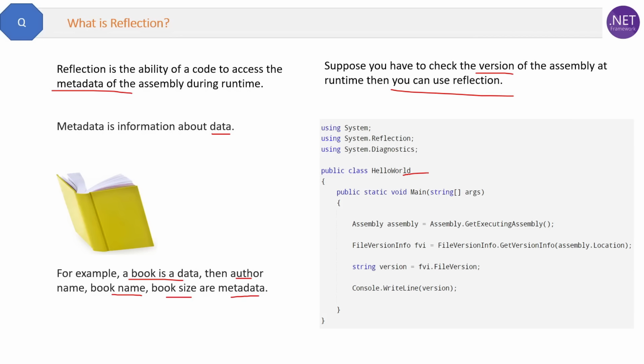Now when it is running, you want to get the version of the assembly in whatever way. In that case you will use reflection. Here in the code you will get the version of the assembly. The Assembly and FileVersionInfo classes come from the System.Reflection namespace. So that is reflection, getting the metadata of the assembly during runtime.